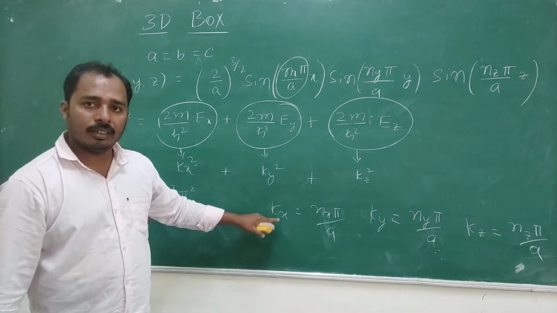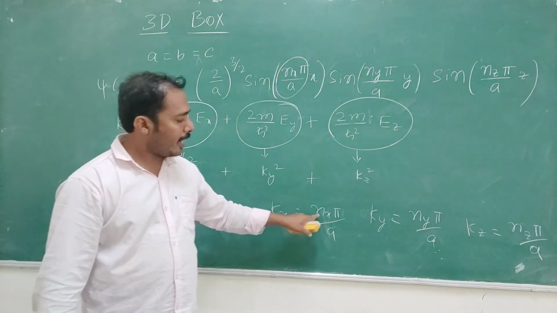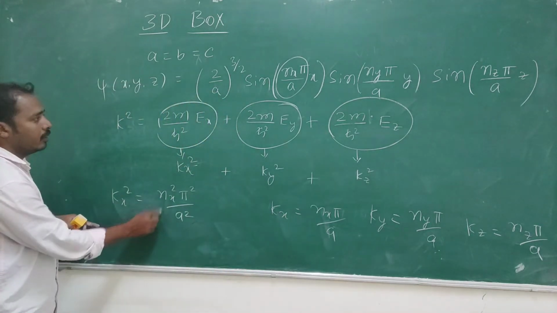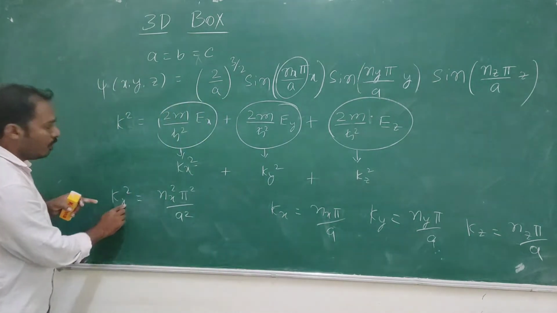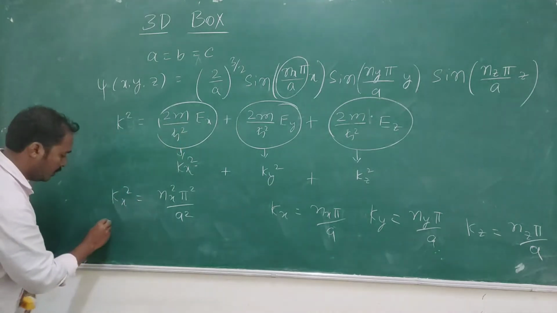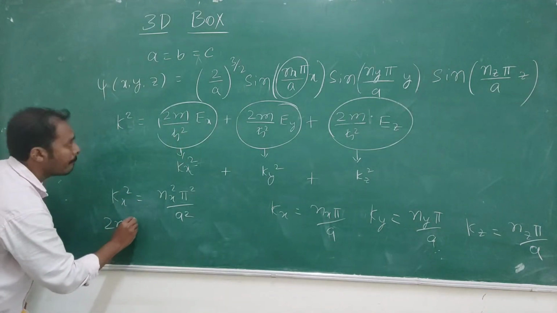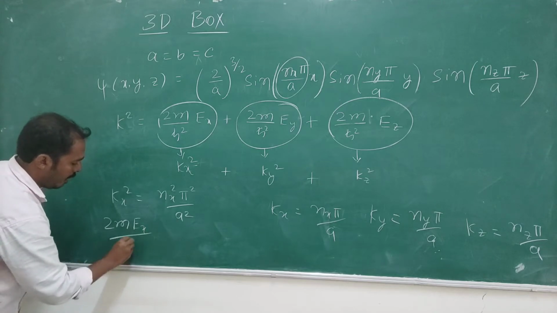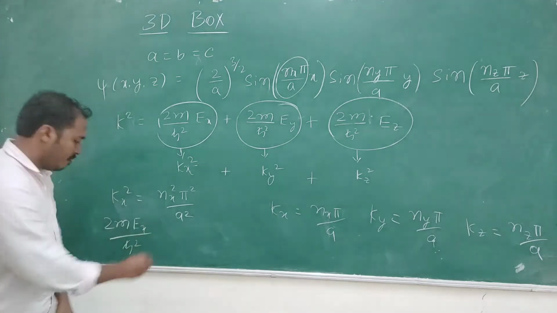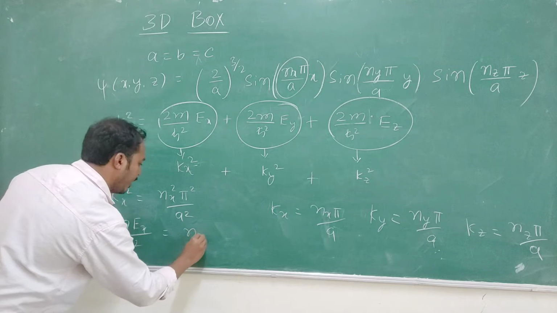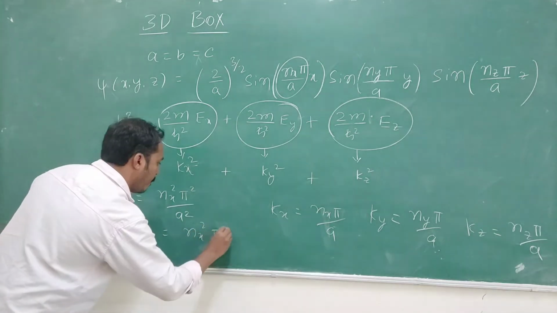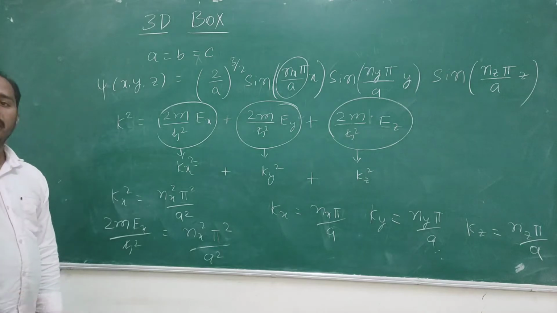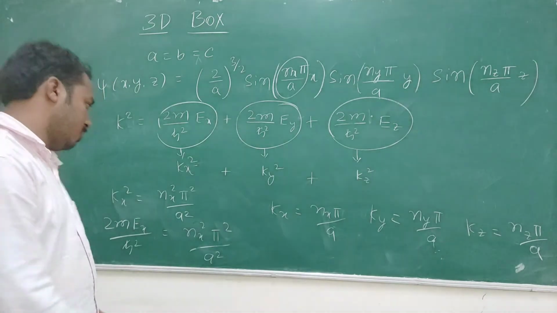Squaring on both sides, kx square is equal to nx square pi square by a square. Next, kx square is equal to this one, so 2m Ex divided by h cross square is equal to nx square pi square by a square.